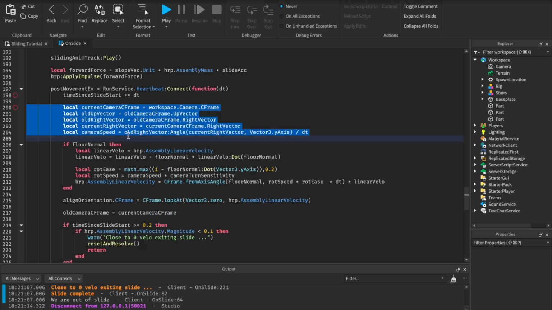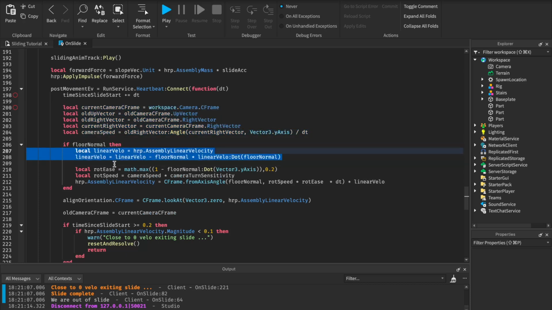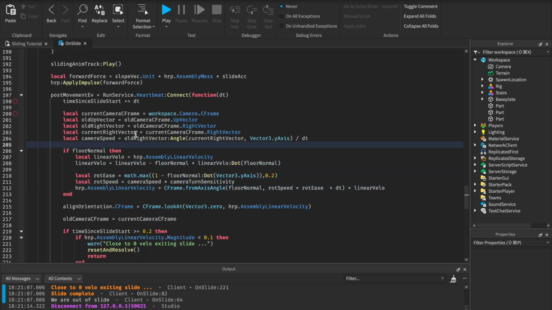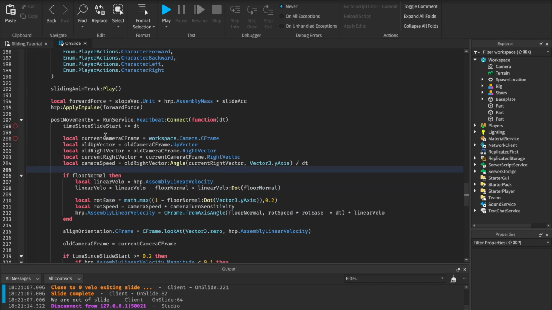So this is different, and this is the same from the previous tutorial, but this is different because now we actually have to change the linear velocity slightly based on how the character rotated their camera.